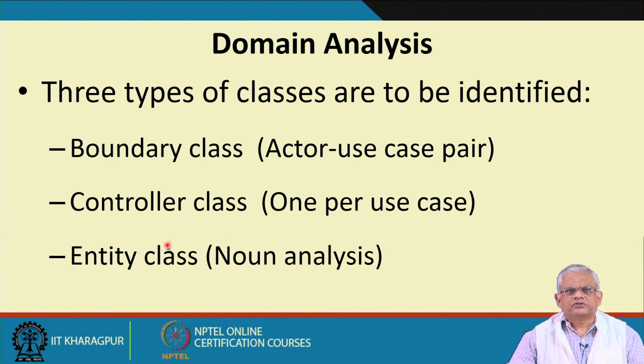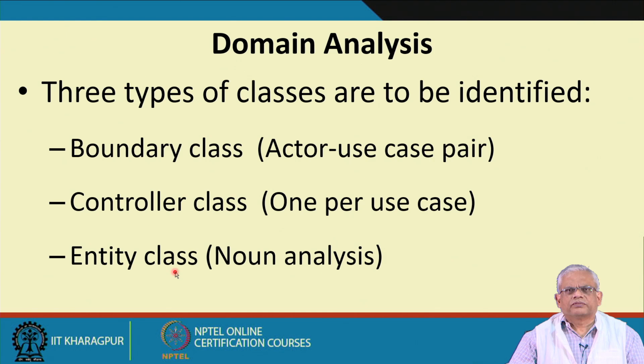But possibly the most crucial part is the entity classes, which require some experience and expertise. By reading the problem description, that is the SRS document, and consulting the use case diagram, we should be able to identify the entity classes with some experience.